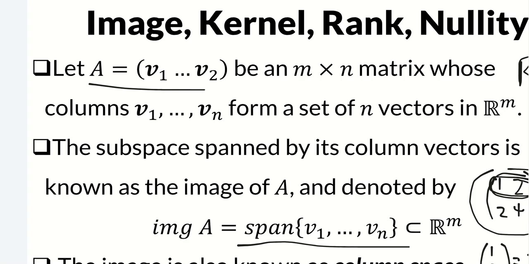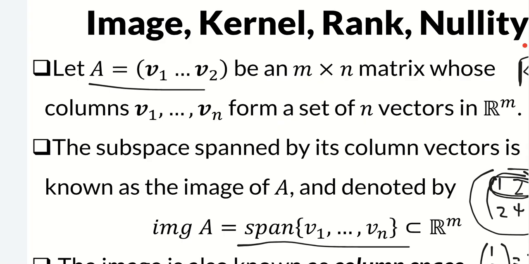If you pick this column, it's spanning a plane, which is R raised to the power 2. But because we can express one of them as the other, we can only pick this, and the image will now be a straight line, not a plane.